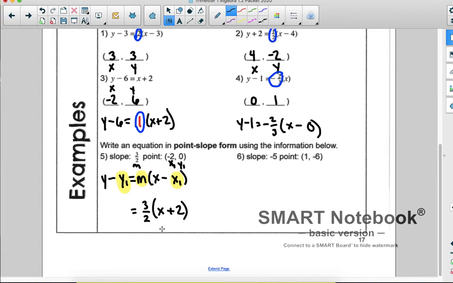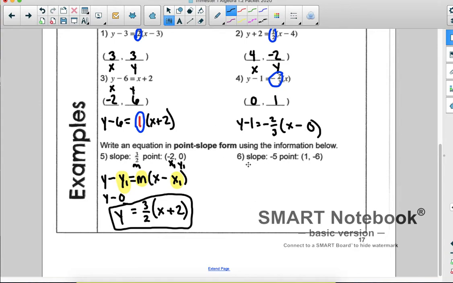It's always opposite. Okay, and then on this side, we could write y minus, and our y1 is 0. And y minus 0, 0 is nothing, so it's really just y. So this one's a little goofy because it's just y equals, which isn't how it normally looks, but it does in this case because of that 0.